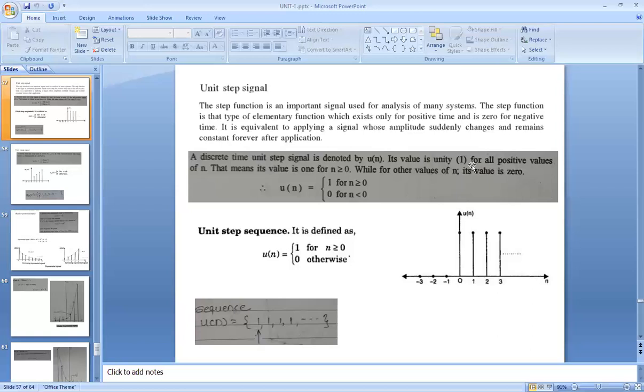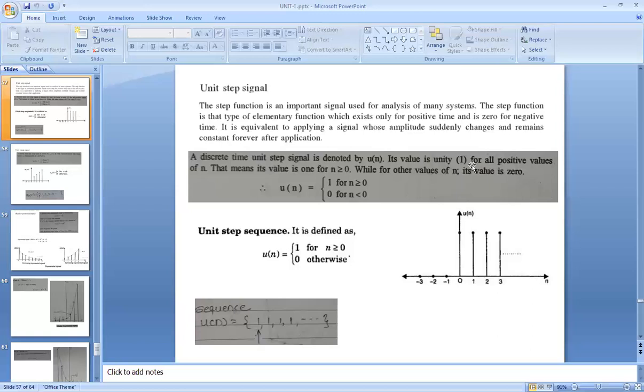Again it is written like this. So all the times on the right hand side, its value u of n is 1, and u of n is equal to 0 for n less than 0, meaning for n equal to minus 1 its value will be 0. When n is equal to minus 2 its value is 0 again. That's why minus 1, minus 2, minus 3 points are marked as dots.